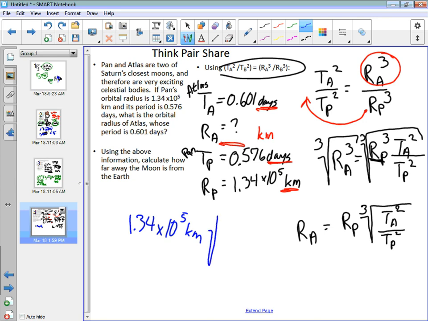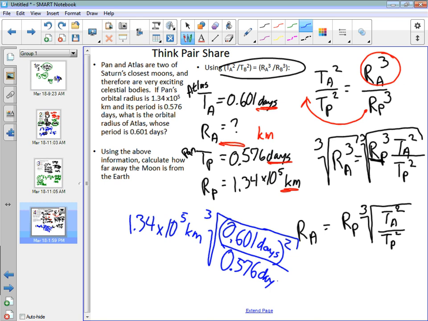And then times the cube root of, and we have T_A squared, so that's 0.601 days, squared, divided by T_P squared, 0.576 days, squared. And notice what happens. Days end up canceling out. That's why it doesn't really matter what units you have here as long as you are consistent.